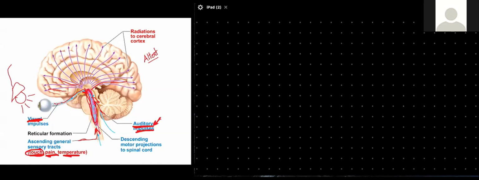He will touch you, then will give you a punch in the face for you to wake up. So touch, pain, stimuli also going to be stimulating the reticular formation to activate and maintain an alert state of your cerebral cortex.